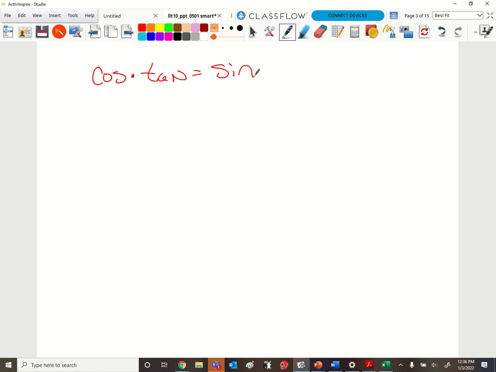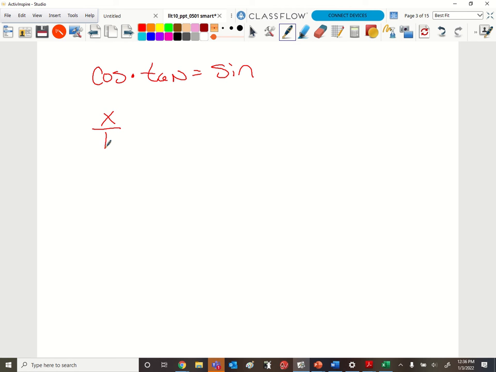Okay. All right, so cosine is what over what? X over R. And what did I say R is? Okay, so I'm going to translate this into algebra. So cosine is x over 1, right?